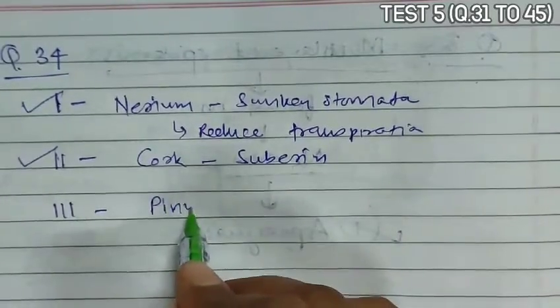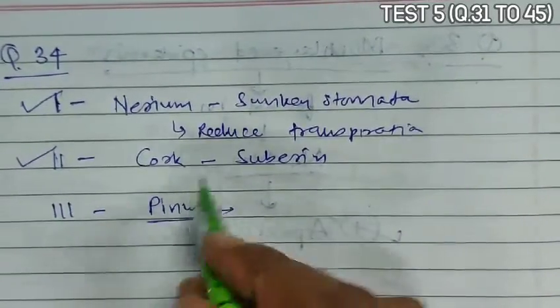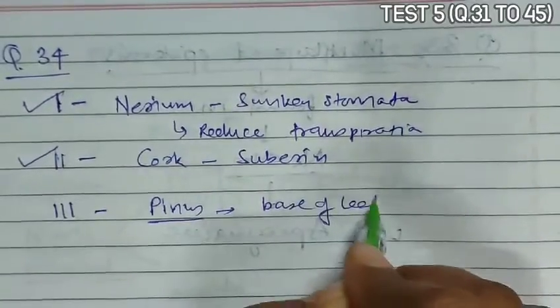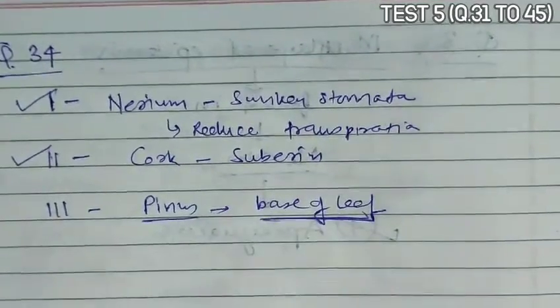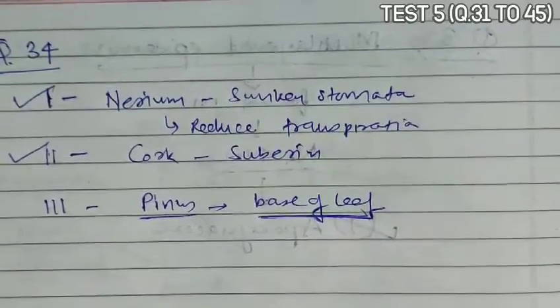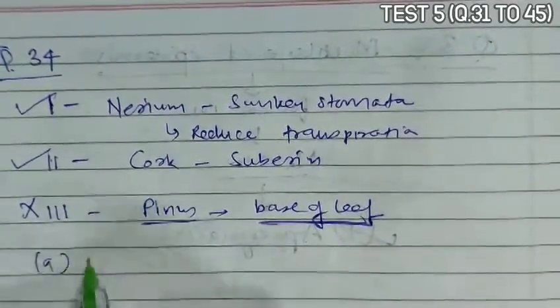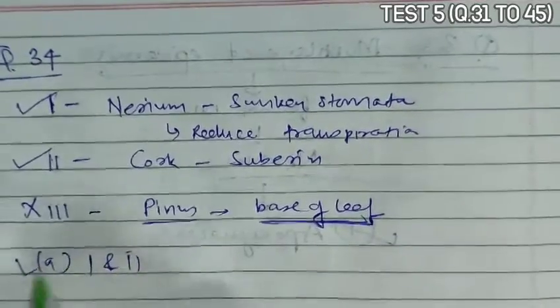Now in pinus, the apical meristem cannot be present at the base of the leaf. At the base of the leaf you will find the presence of intercalary meristem. So this is the incorrect statement. So option A, that is 1 and 2, becomes the correct answer.